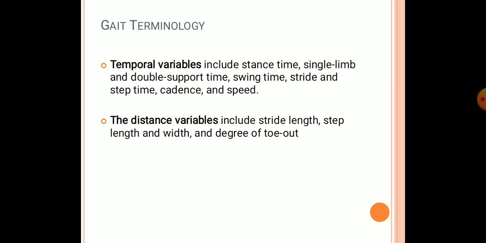These include stride length, step length, width of the gait, and degree of toe. All the geometrical measurements which we can take in the gait cycle are known as distance variables, whereas the temporal variables are the ones where time denotes the properties of the gait cycle.